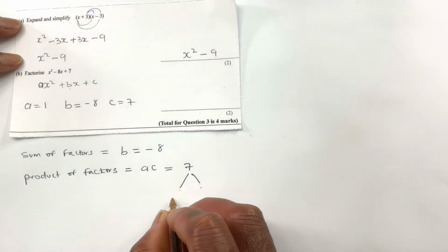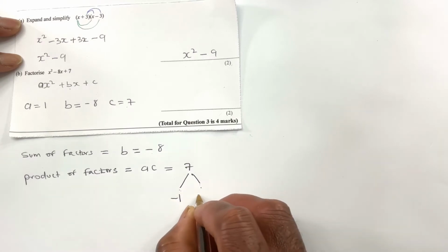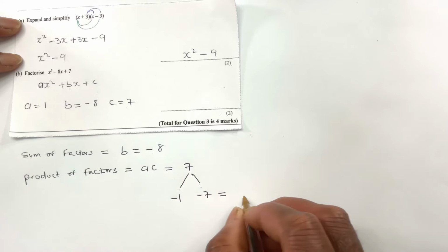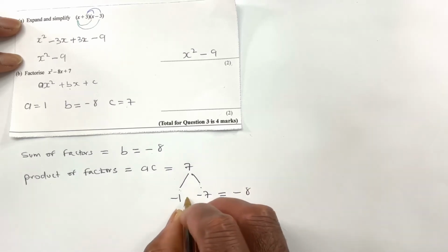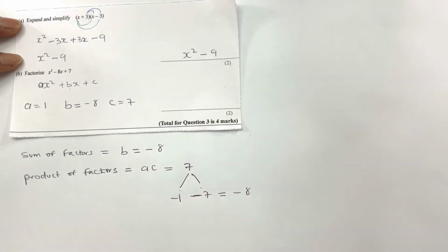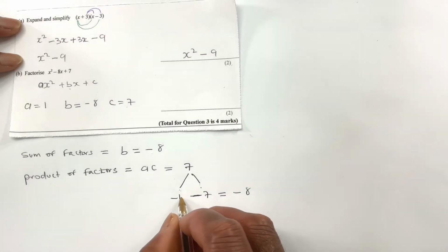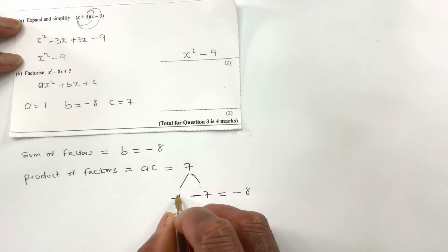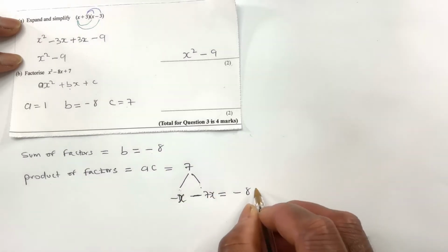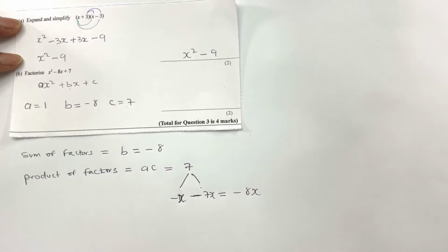So minus 1 and minus 7: when you add them together, you get minus 8. So I'm going to leave the minus there. I need to make this minus 1x, so let's call that x, and minus 7x, which will give you minus 8.